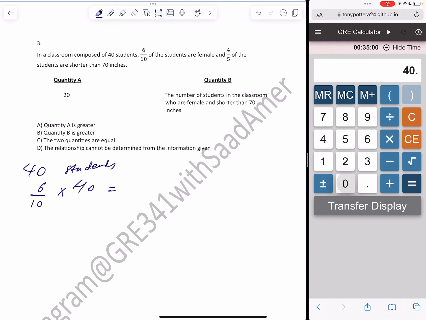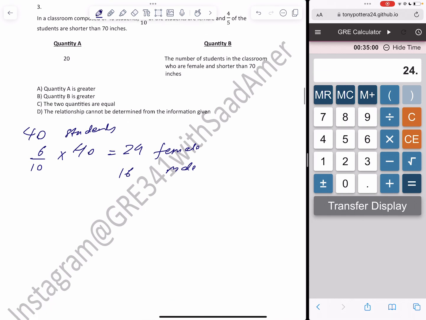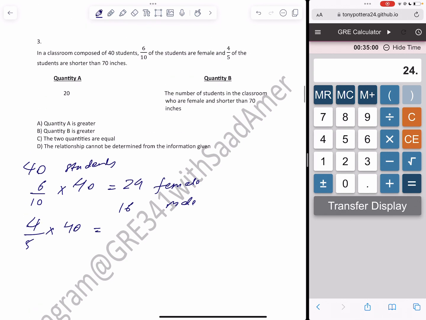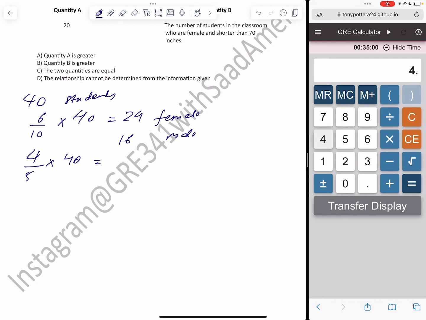So 40 into 0.6, 24 are female and 16 are male. 4 over 5 of the students are shorter than 70 inches. So 4 over 5 is 0.8 into 40, 32.